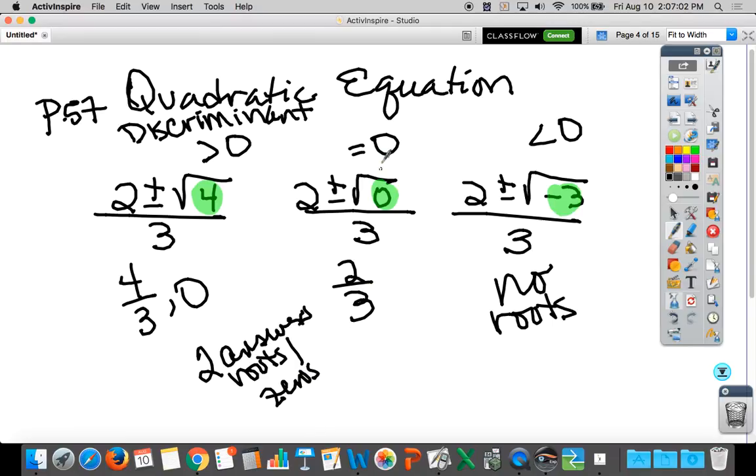Okay? How many answers do I have if my discriminant is equal to 0? 1 root, 1 answer, 1 zero. How many do I have if I have a discriminant that's less than 0 or negative? None. No roots.